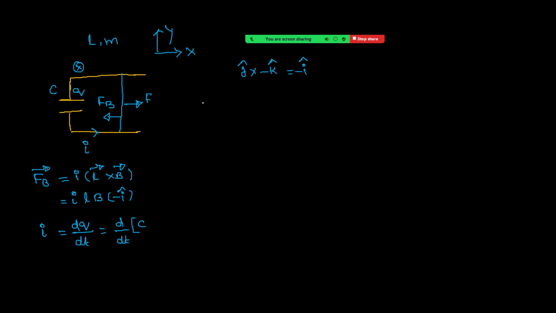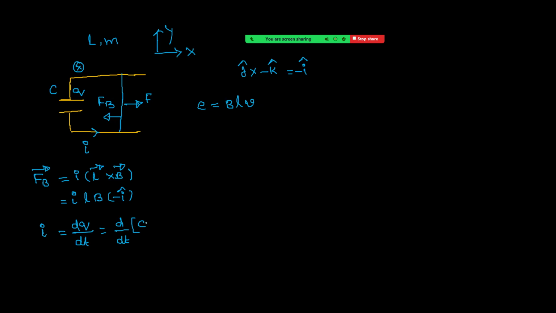And that EMF, as we have already learned, the motional EMF, equals BLV, because the field is into the board and the velocity is normal to the rod length. That means L bar, B bar, and V bar are all mutually perpendicular. That's why it is BLV. It is actually L bar dot V bar cross B bar.